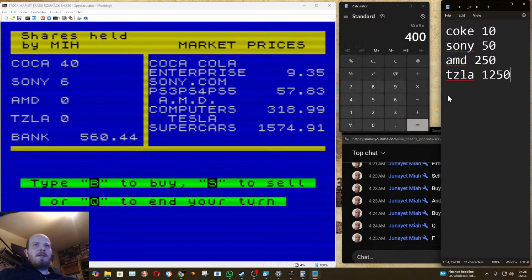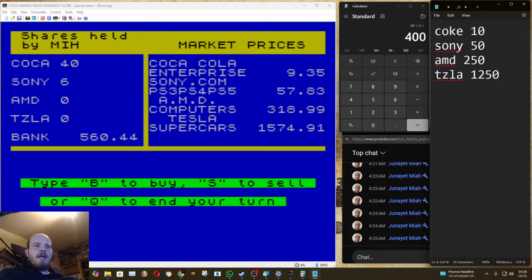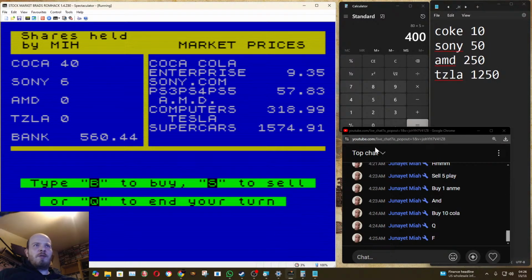So basically, if you see something that's lower than those numbers, it's worth getting, right? Do you understand? And if it's a lot higher than those numbers, it's not worth getting, because the price will drop.